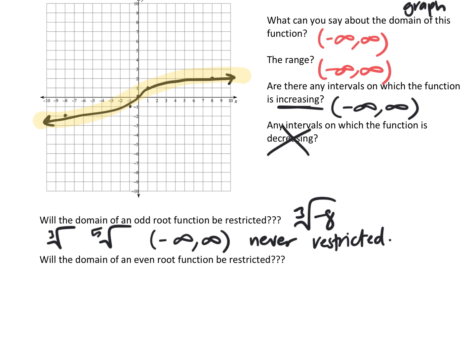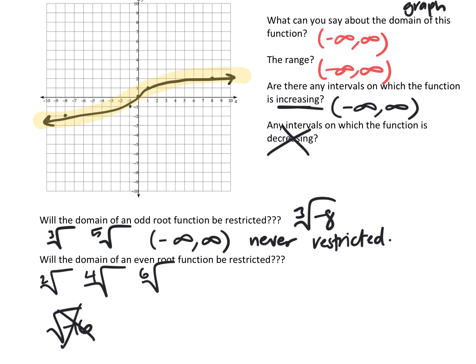Okay? The domain of an even root function, however, like the square root or the fourth root or the sixth root, I cannot take the square root of a negative number. So therefore it is restricted, and it's restricted how? Yeah, so all of those numbers under the square root have to be bigger than or equal to 0, right?